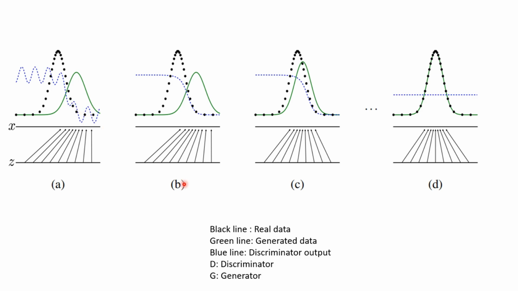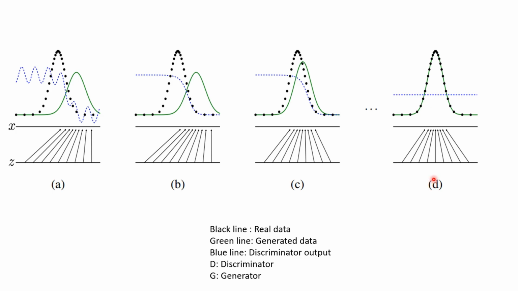In figure B, we see that D has been updated and can more confidently distinguish between fake and real data. In figure C, guided by D's feedback, G has learned to map the input noise to a better location in the data space, producing samples that more closely resemble the real data.